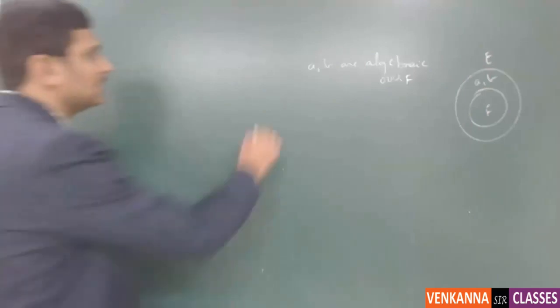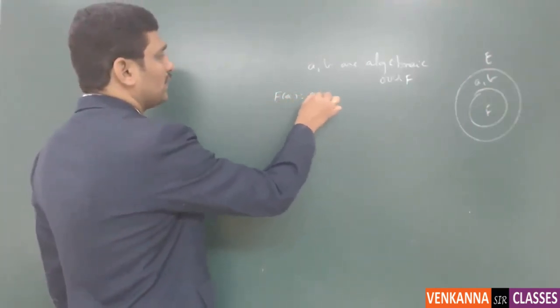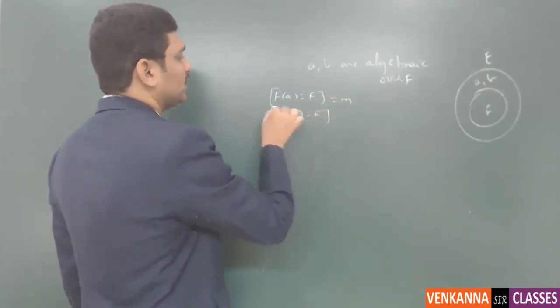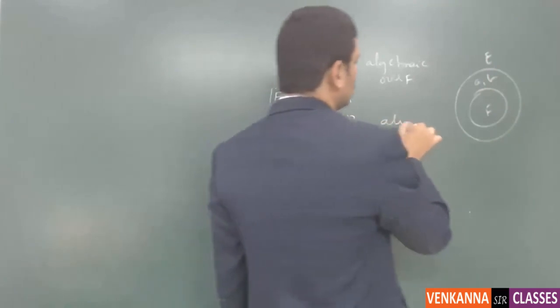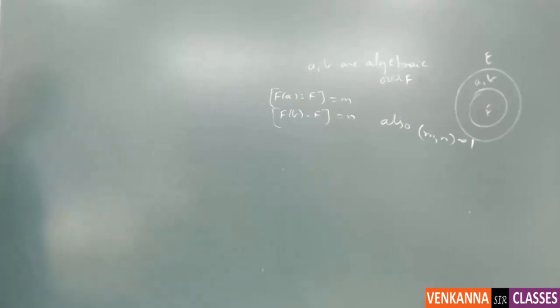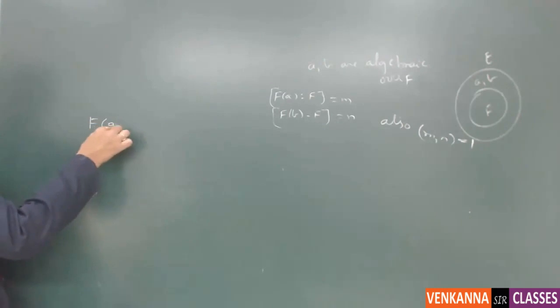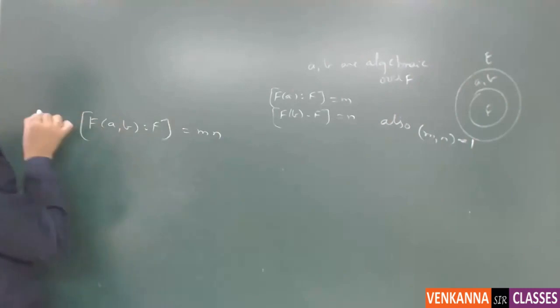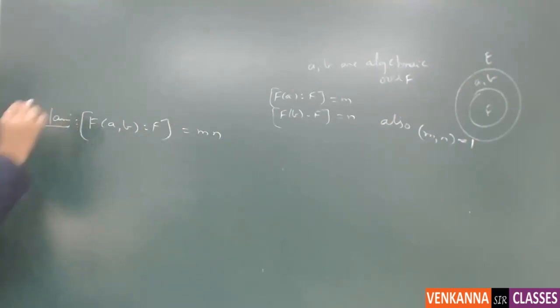So let us take that the degree of F(a) over F is equal to m, the degree of F(b) over F is equal to n, and also GCD of m comma n equals 1. Now it is saying that if we calculate the degree of F(ab) over F, this is equal to mn. This is the claim you have to prove. Please take a note of that.